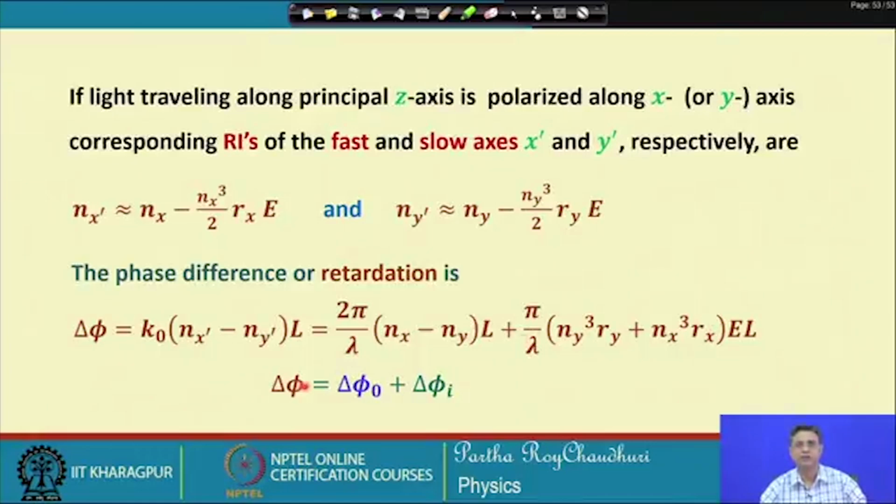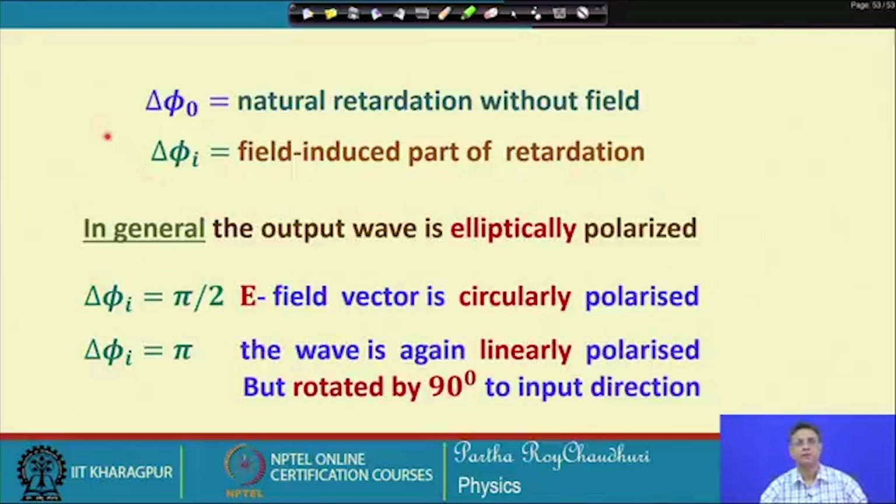So, delta phi is now, you can see that you have a natural birefringence of the medium, and this is the induced birefringence of the medium. So, delta phi 0 is the natural one, delta phi I is the induced birefringence due to the applied external electric field.